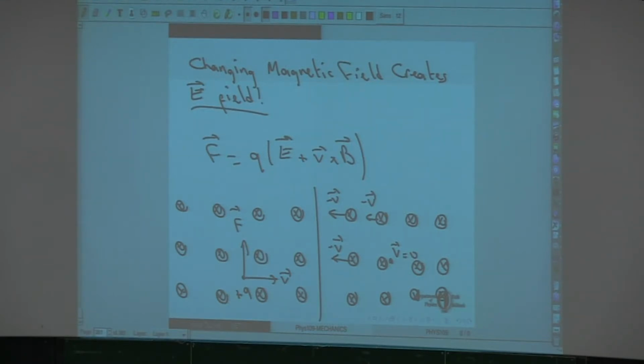Since the magnet is moving, I have a changing magnetic field everywhere. Since there's a changing magnetic field, there should be an electric field in that reference frame. That electric field is what creates these currents in the tube.